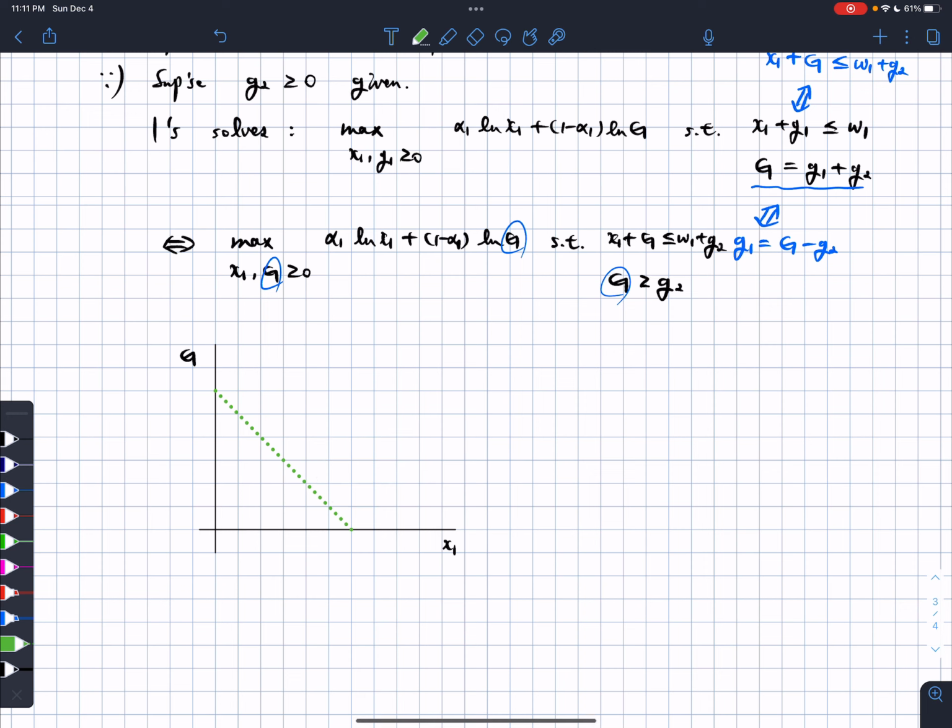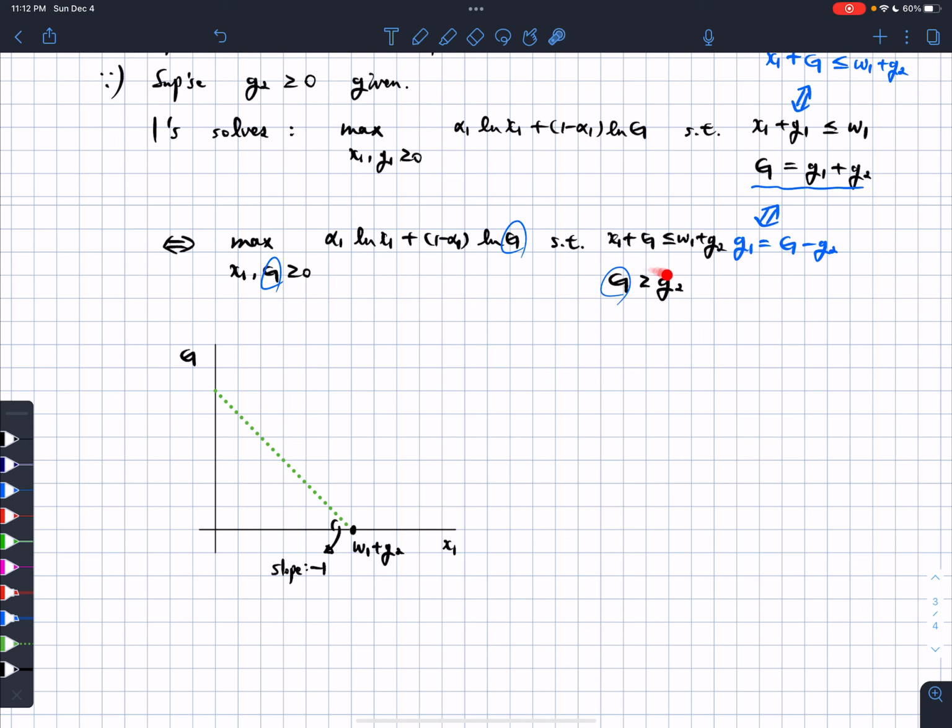The slope of this guy is -1, right? And by the way, the intercept is W1 plus G2, so let me indicate that too. So this one is W1 plus G2, okay?